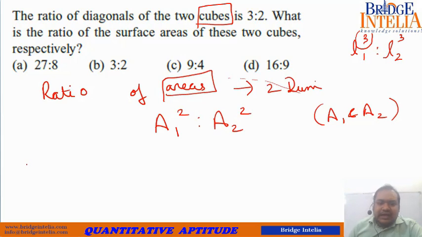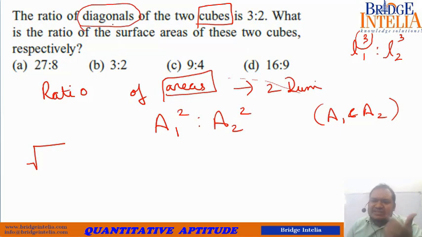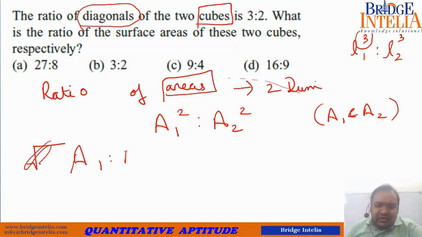So what is the diagonal of a cube? You can avoid getting into formulas, because diagonal is a one-dimensional thing, just like the length. So indirectly, the ratio of edges is given to you, 3:2. This is given already, and based on this you have to find a1 square is to a2 square.